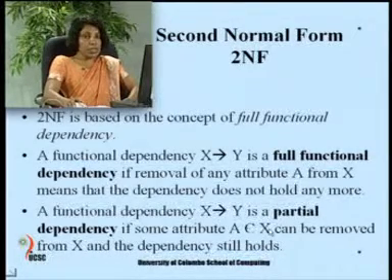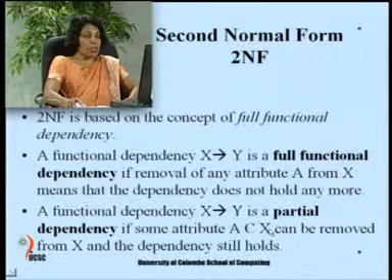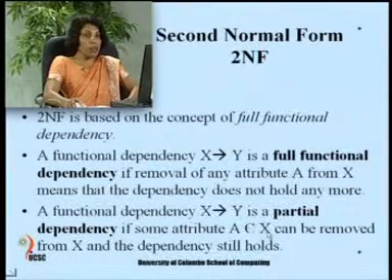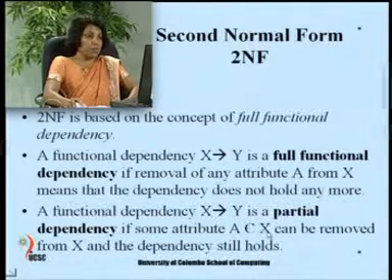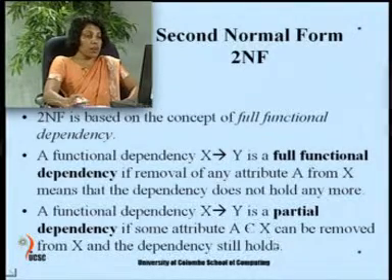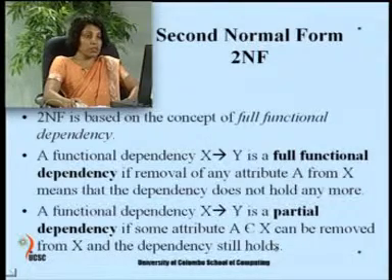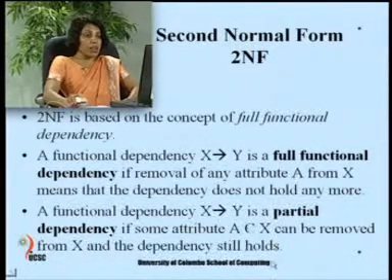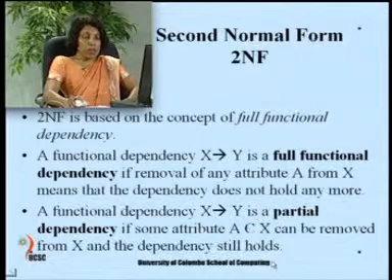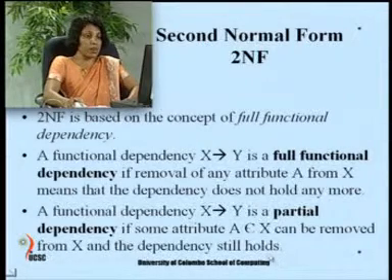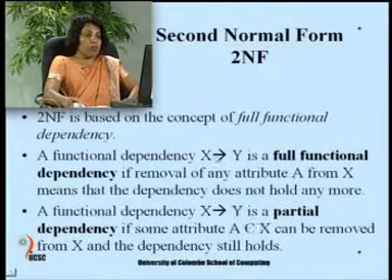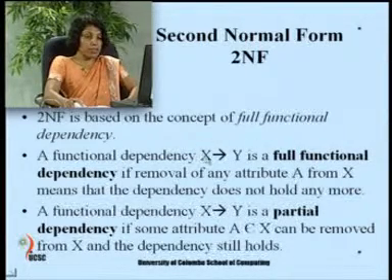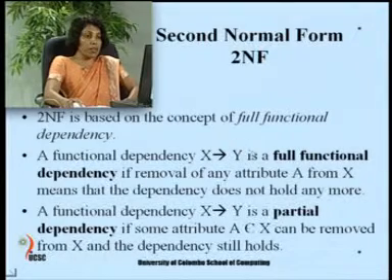So, we come to the second normal form. Second normal form is based on the concept of full functional dependency. Now you know what a functional dependency is. Then what is a full functional dependency? Consider two sets of attributes, x and y.